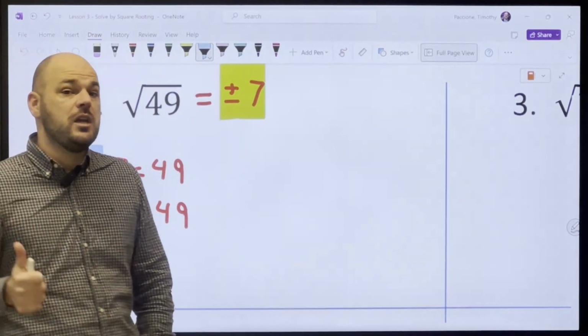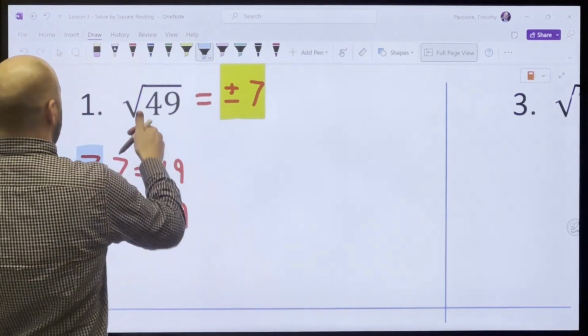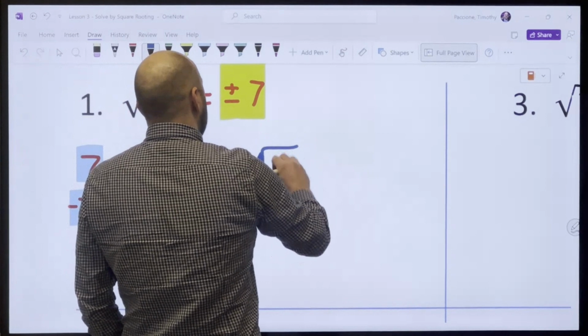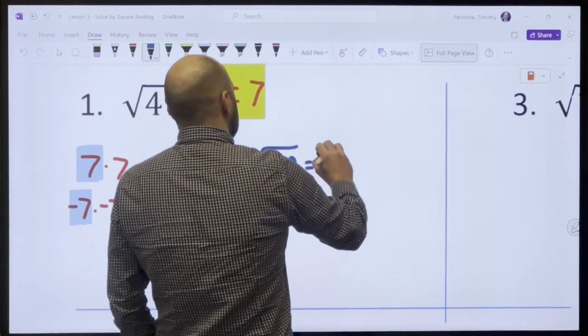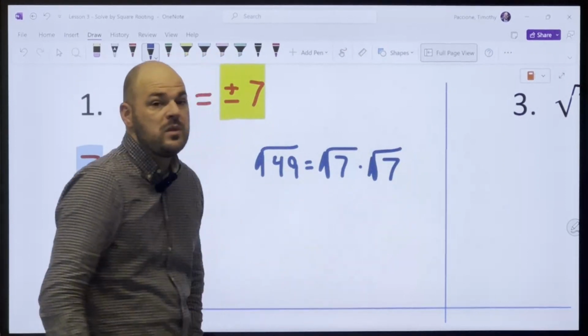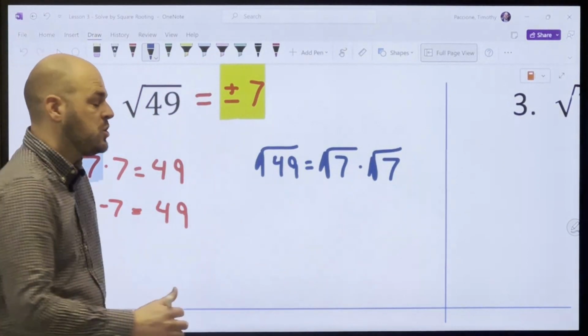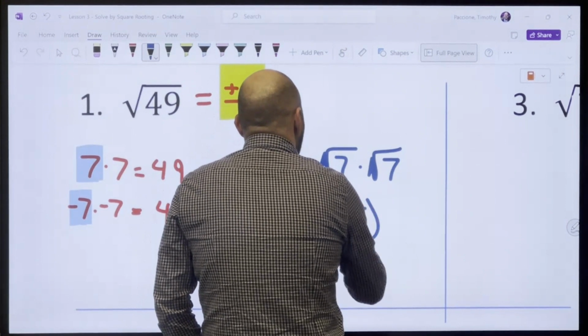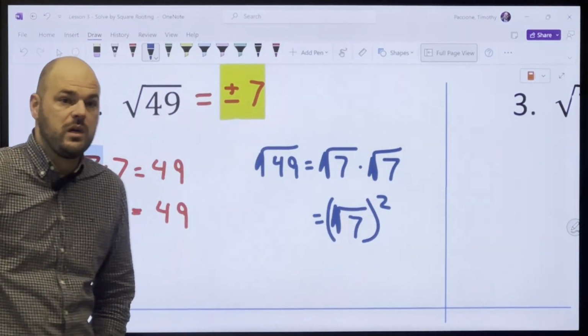You're just thinking about the number that multiplies to get that, right? Another way to think about this is square root of 49 equals the square root of 7 times the square root of 7, right? The square root of 7 squared. Well, squared gets rid of a square root, right?